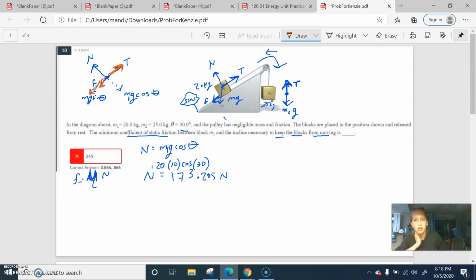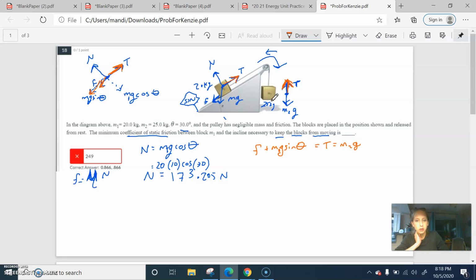So we know friction plus m1g sine theta has to equal tension. But we don't know what tension is. We also know that this tension has to equal this tension. Otherwise, your rope doesn't work. Same rope, same pulley, same everything. These tensions have to match each other. So this tension equals m2g.